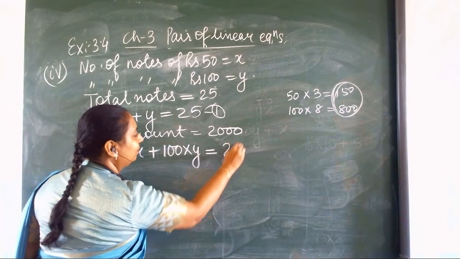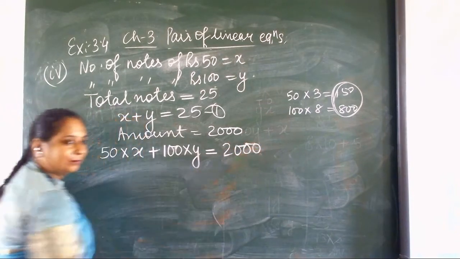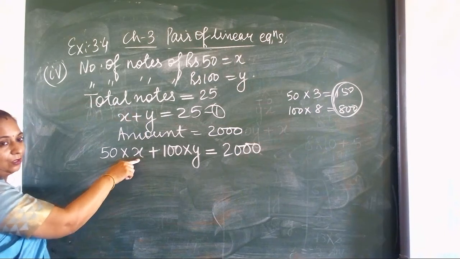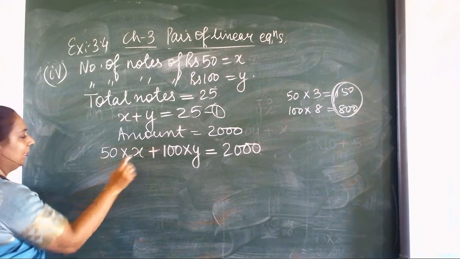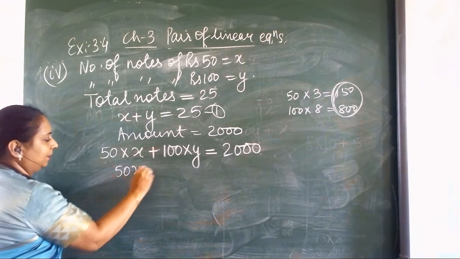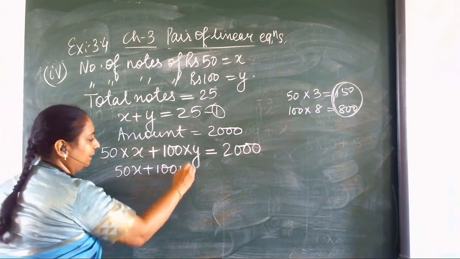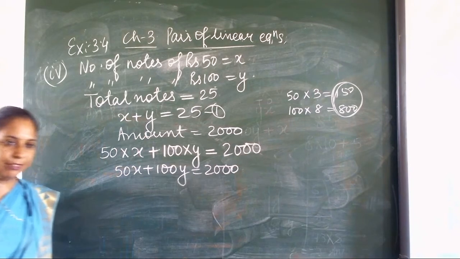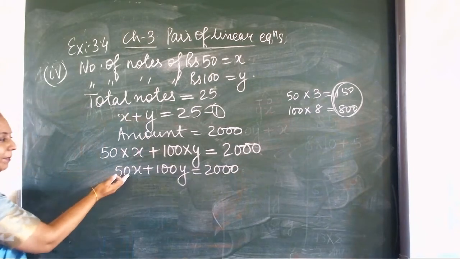Then only you get 2000 rupees. We don't know the number of notes x and y. So this becomes 50x plus 100y is equal to 2000. This is your second equation, but we can simplify.